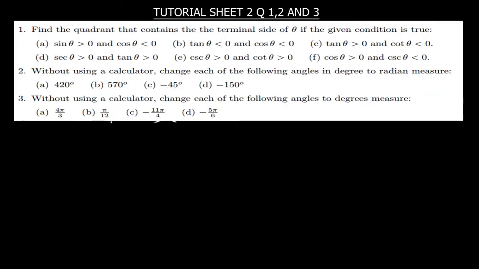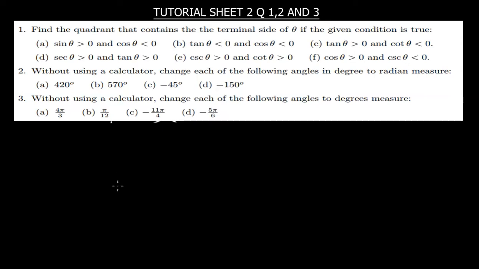Question 2. So question 2 is saying, without using a calculator, change each of the following angles in degrees to radian measure. So on this one, you just have to know one condition. Once you know that condition, you never get any of question 1, question 2, or question 3 type of question wrong.